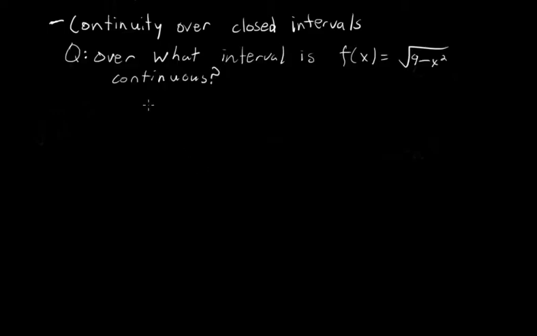So say we were asked over what interval is the function f of x equals the square root of 9 minus x squared continuous. Well, we know h of x equals 9 minus x squared is continuous for all real values of x, because it's a polynomial function.